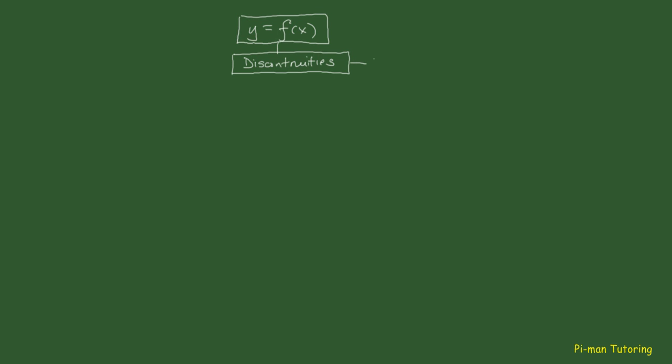Things like vertical asymptotes and the behavior either side of the vertical asymptote. And similarly, horizontal asymptotes and the behavior on either side of that horizontal asymptote.